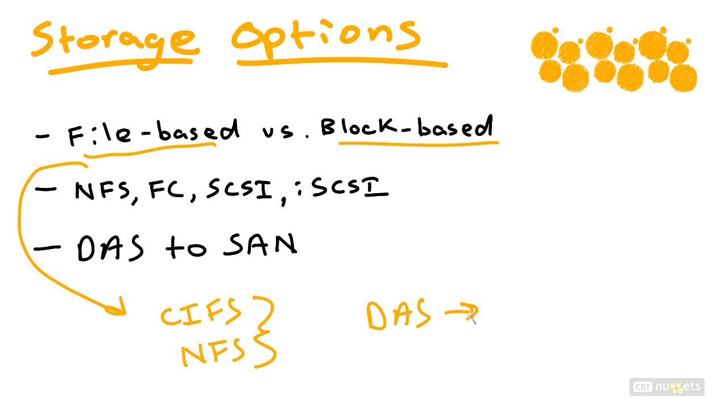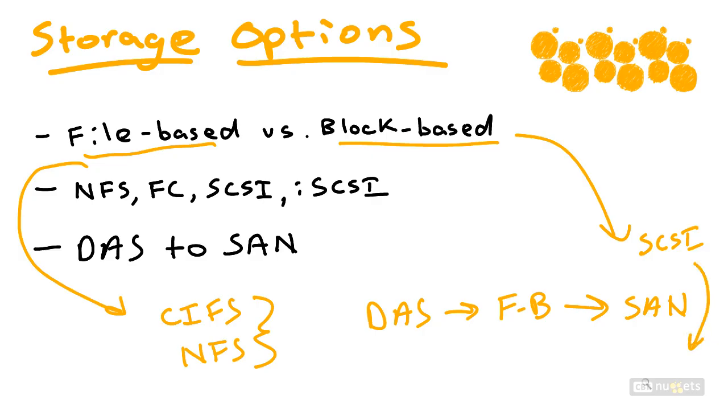Then we tried a network file storage approach with our CIFS in Windows environments and NFS in Linux environments. So let me just say file-based approach. And then, of course, the storage area networking approach with its block-based SCSI utilization and the many, many different transports for that, including Fibre Channel.